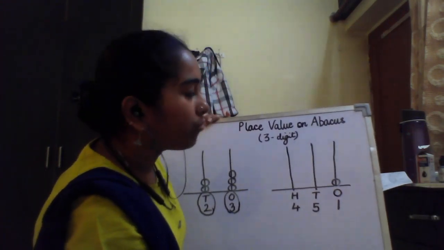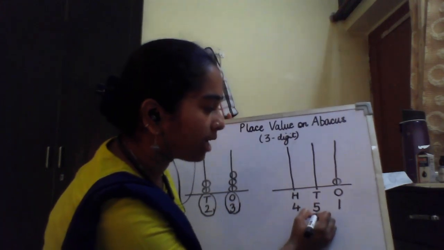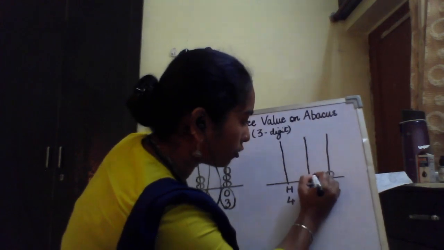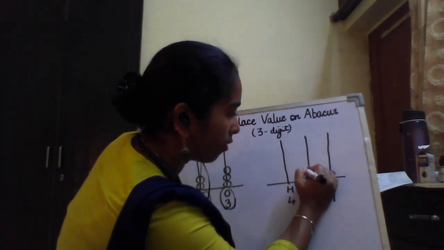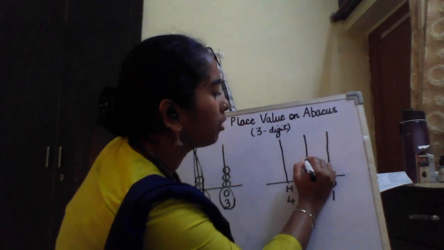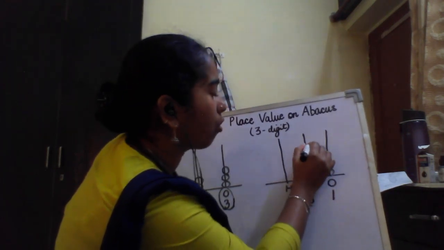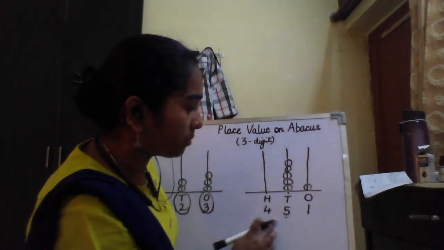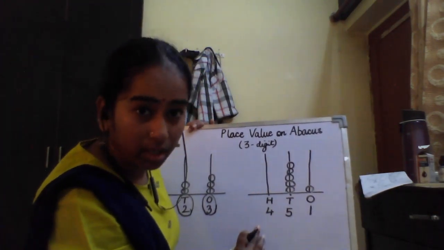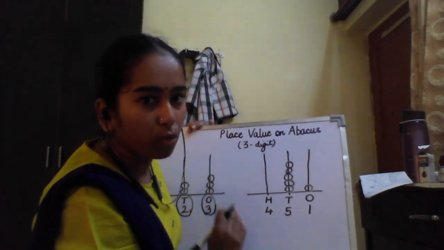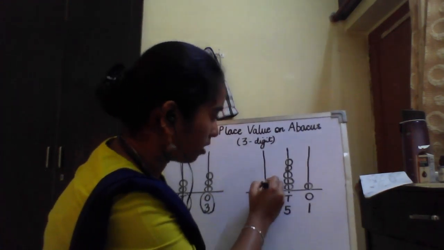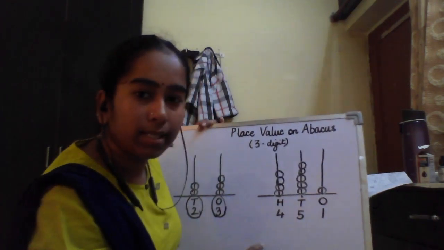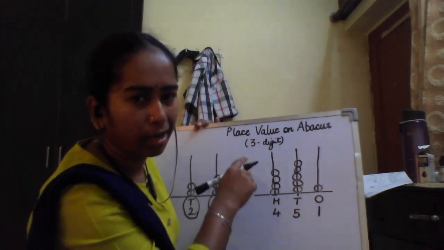Now what do we have in our tens place? 5. So how many beads are we going to draw? 5. Draw it with me: 1, 2, 3, 4, 5. Now next comes your hundreds place. In the hundreds place we have 4. So 1, 2, 3, 4. So this is 451 on an abacus.